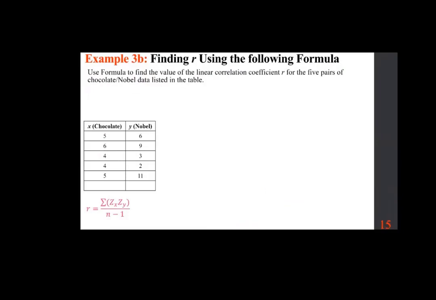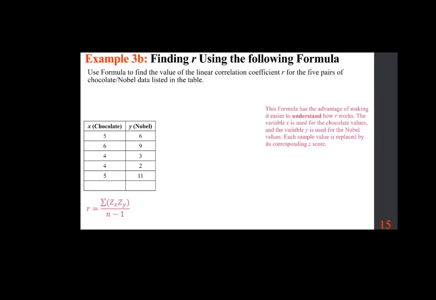What I want to do is use this formula, z sub x, z sub y over n minus 1. This formula has the advantage of making it easier to understand how R works.